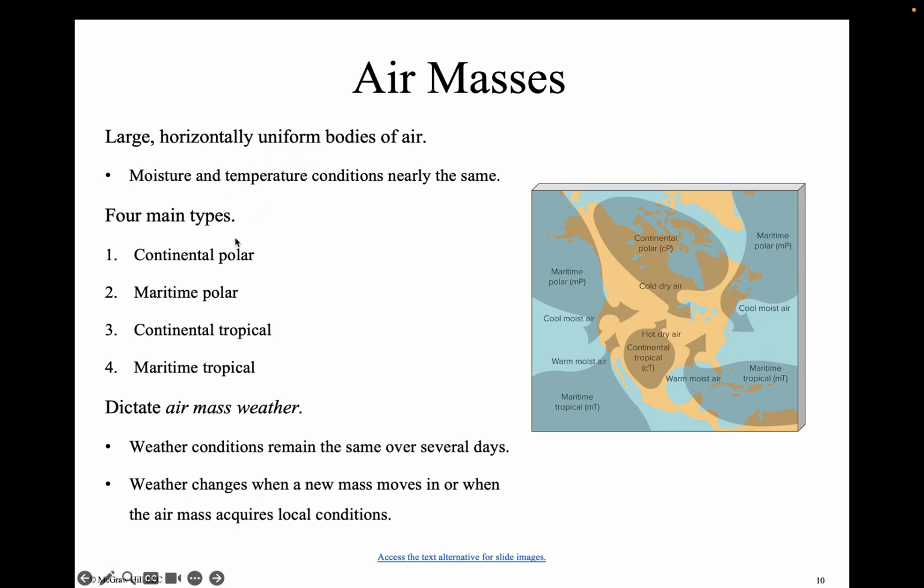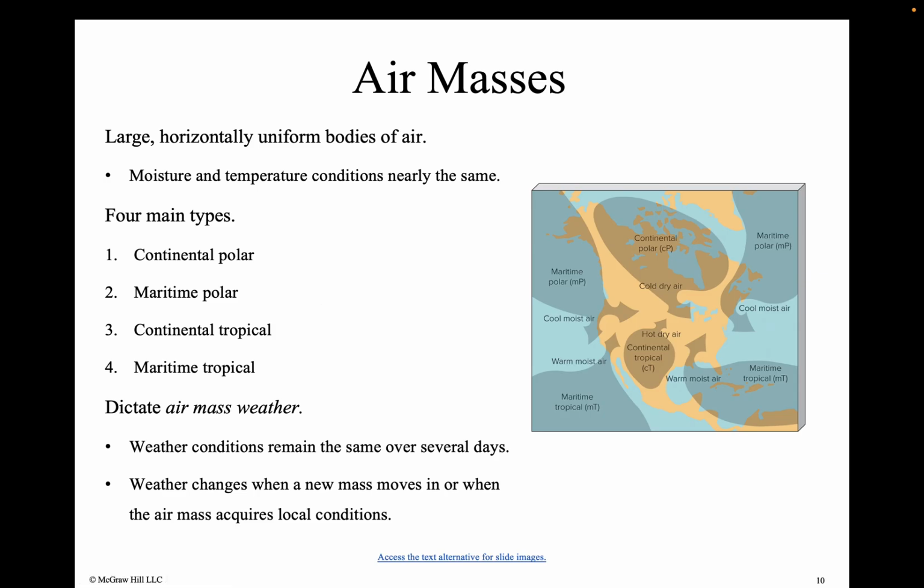According to temperature, they can be either tropical or polar. Polar is when the air masses are colder, formed in cold regions such as the polar Antarctic regions. And tropical air masses are formed in warm regions.